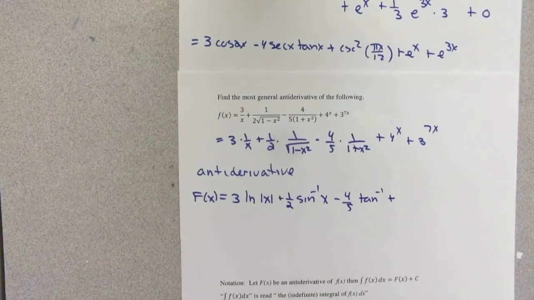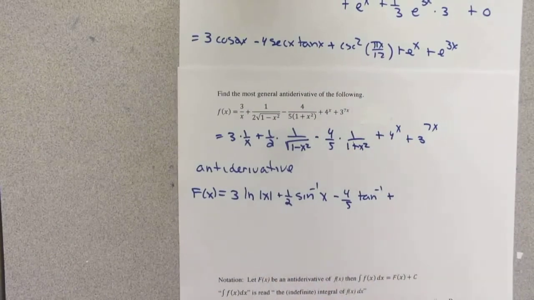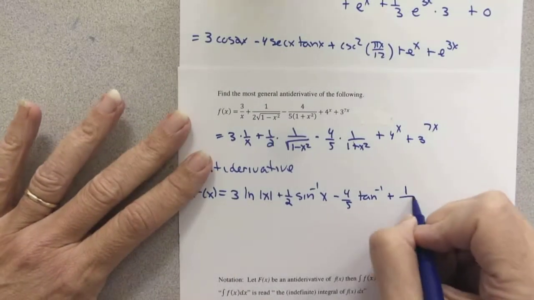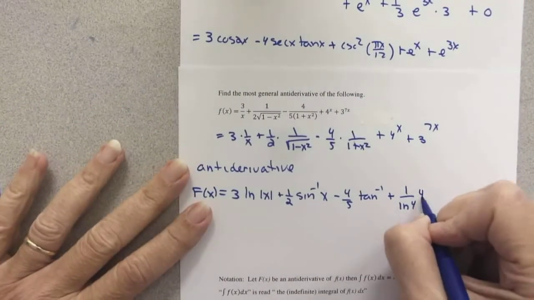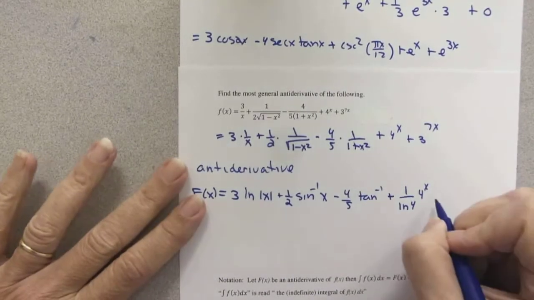The derivative of 4 to the x would be 4 to the x times the natural log of the base. The derivative of the exponent here is just 1, times the natural log of the base. So when I anti-differentiate, because differentiation has times the natural log of the base, anti-differentiation is going to have divided by the natural log of the base, and then just the 4 to the x.